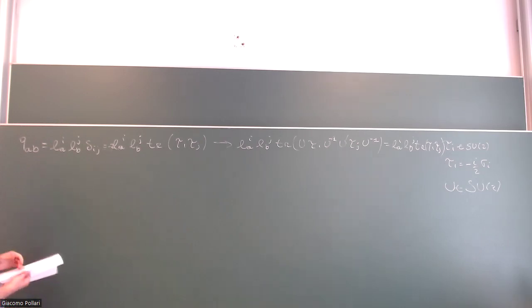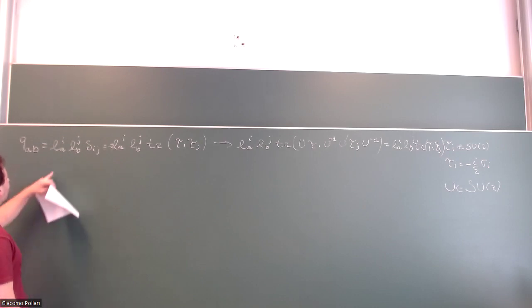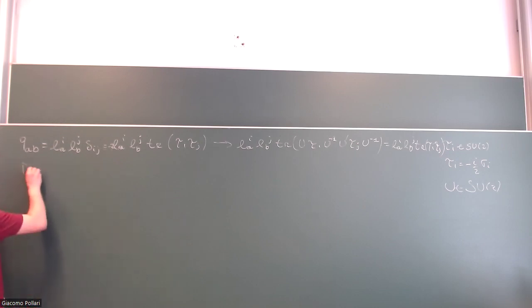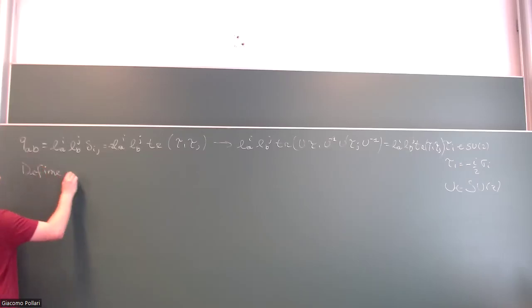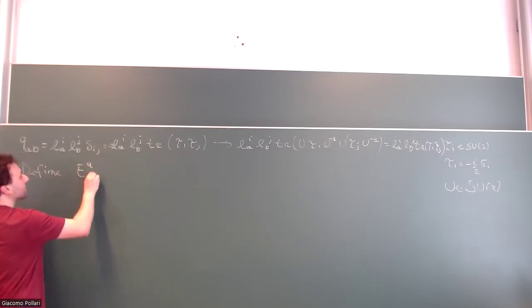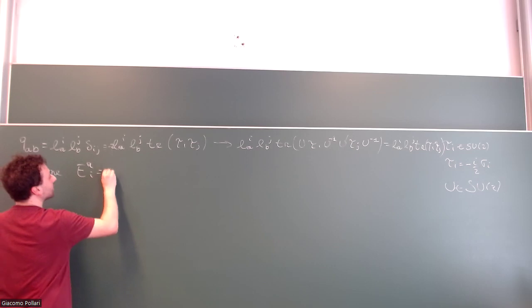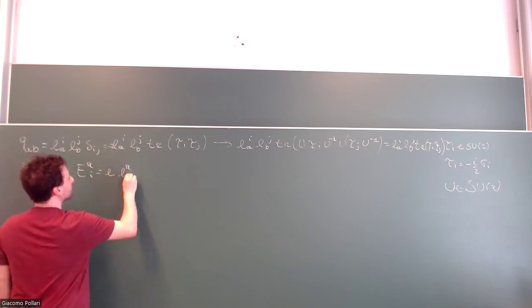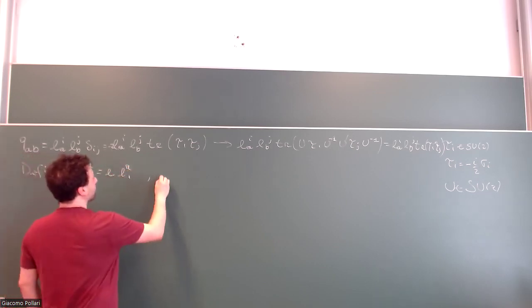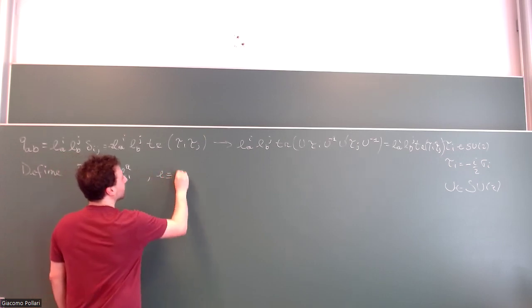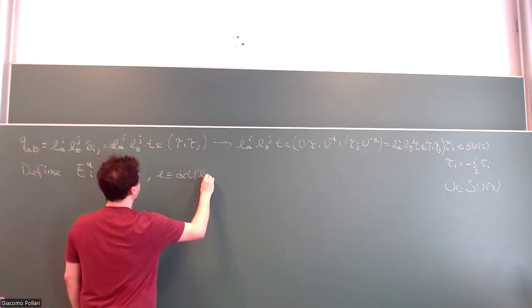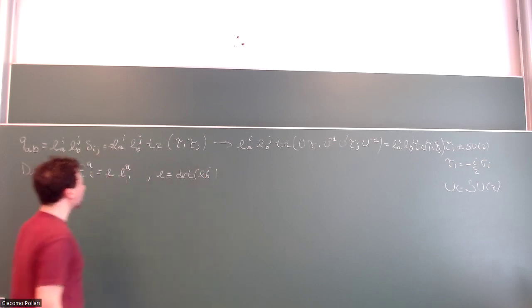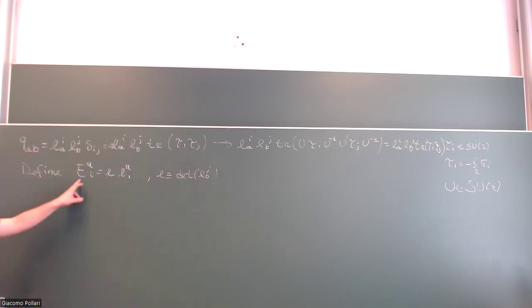Okay, so now we can define this object here, where we have this E, the determinant of E^i_a times the triad.